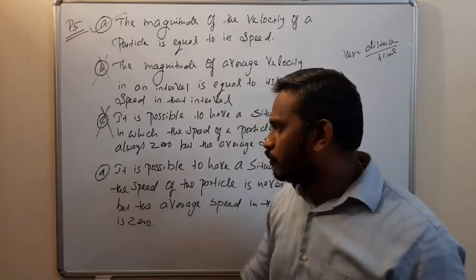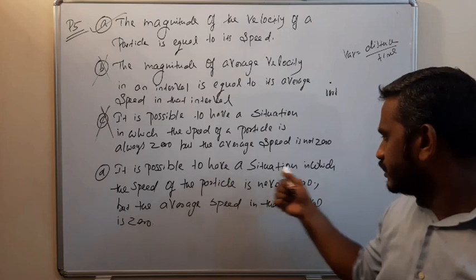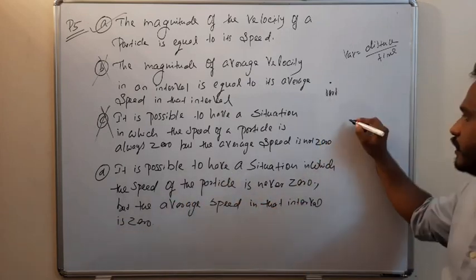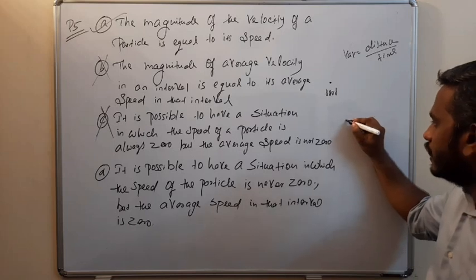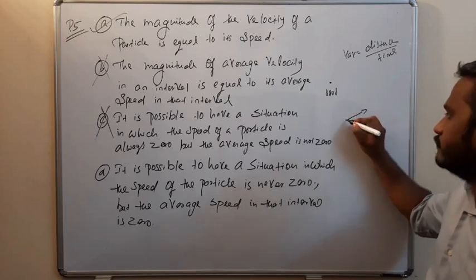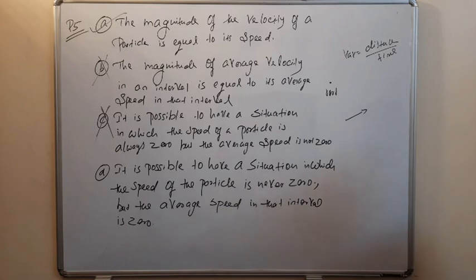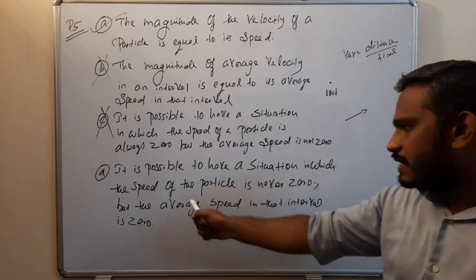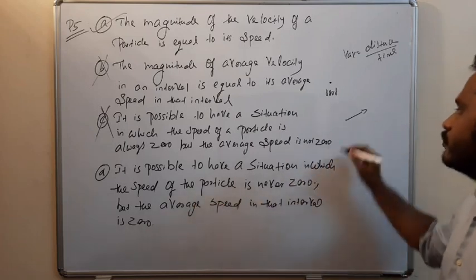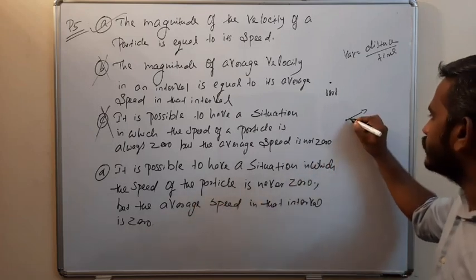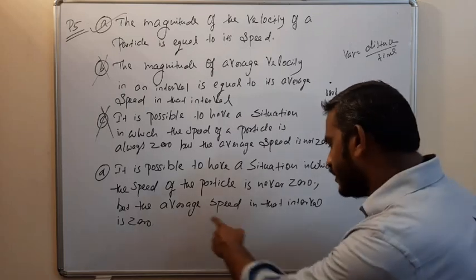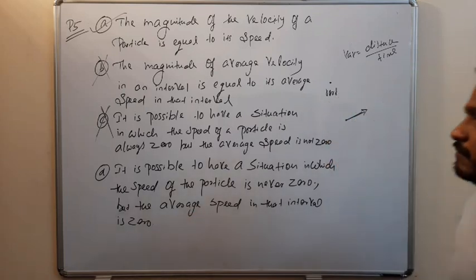Then the fourth point. It is possible to have a situation in which the speed of the particle is never zero. That means the object is moving with a certain velocity, but the average speed in that interval is zero.